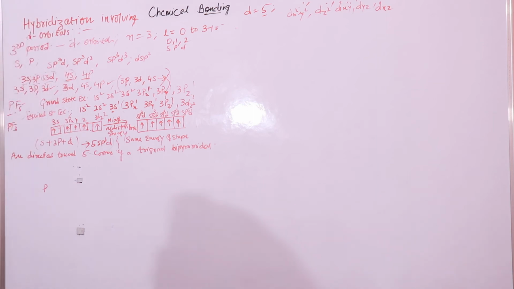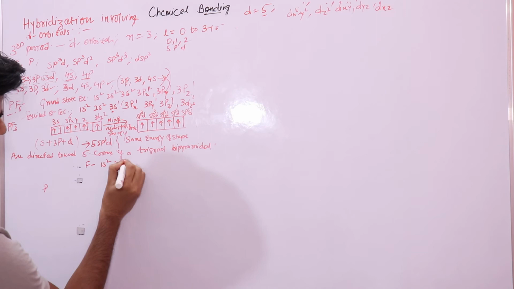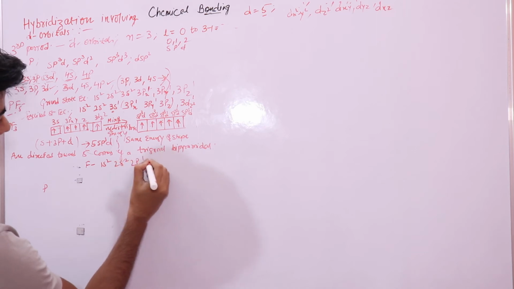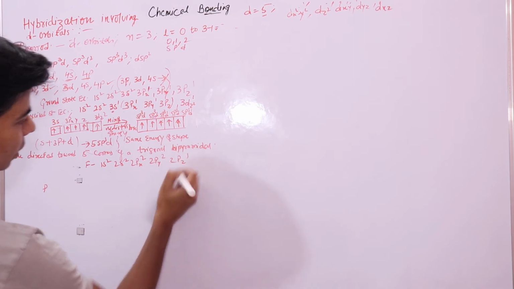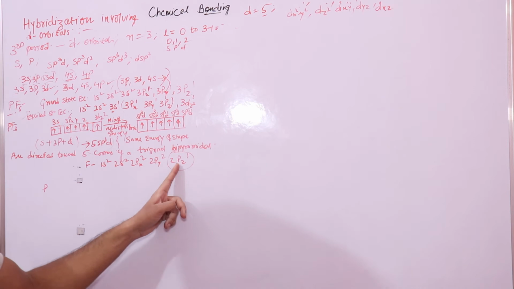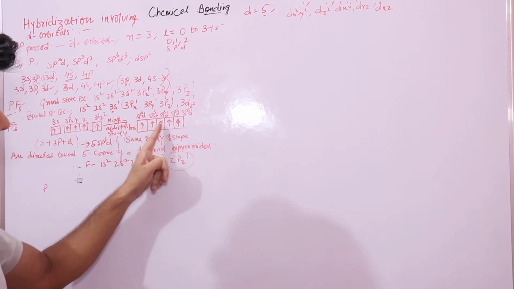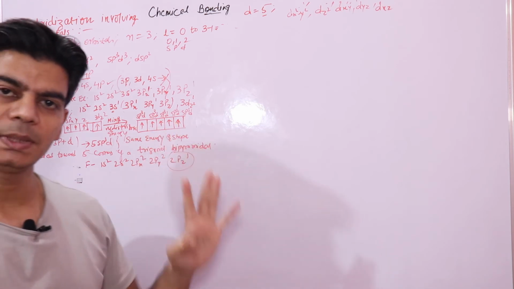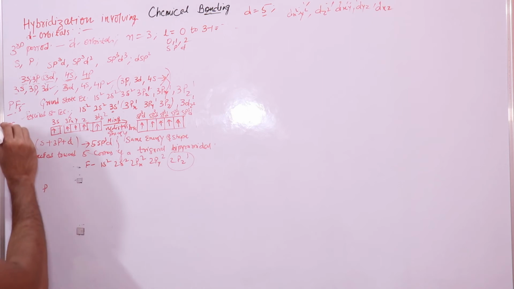If you look at the electronic configuration of fluorine, it is 1s2, 2s2, 2px2, 2py2, 2pz1, right? So you have one half filled pz orbital. This pz orbital will overlap with each of these 5 sp3d orbitals to form the PF5 molecule.